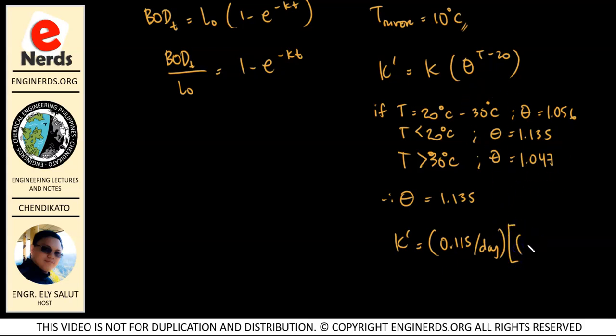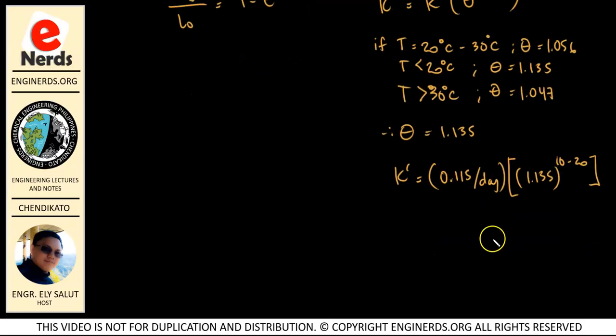So ang theta natin is 1.135, then raised to T minus 20. So our temperature is 10 minus 20. Okay, so therefore our K prime is equal to 0.115 per day times 1.135 to the negative 10.